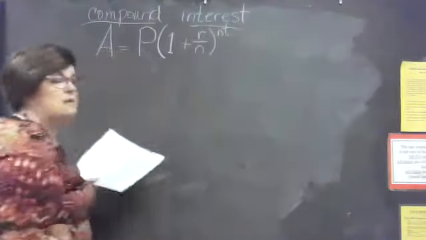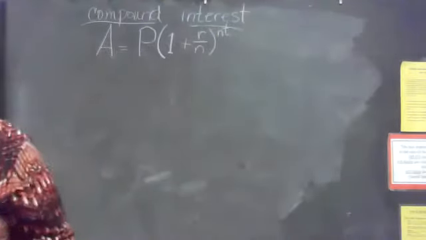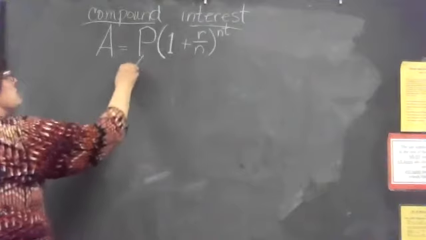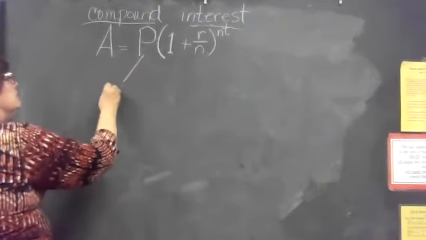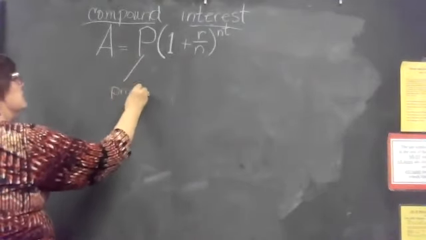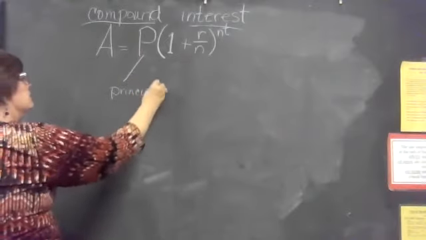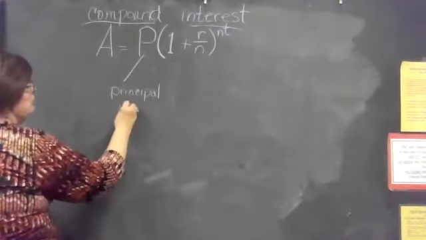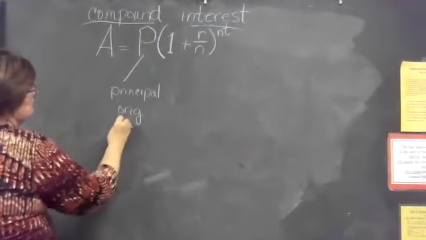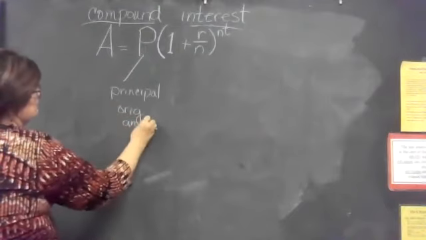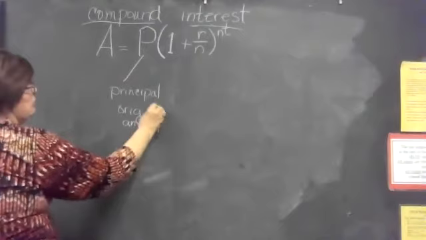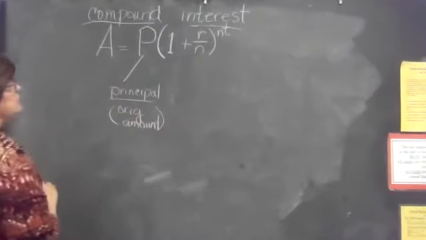Some of you are going to get scared. Don't get scared. I'm going to tell you what everything is. Of course, this is principal, and that's the original amount, right? That's what we start with. So the P is still principal.